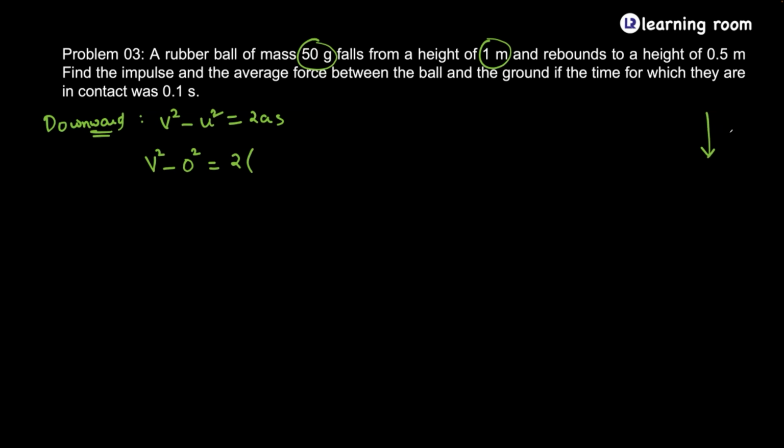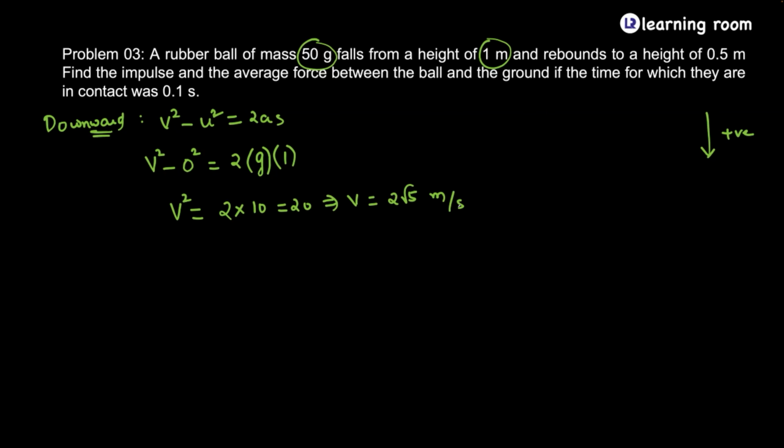So 0 square is equal to 2 into a into s. If you are going to take the downward direction as positive, then you are allowed to take the acceleration as g itself. And what is going to be the displacement? It will be 1 meter. So v square is equal to 2 into, I'll take g as 10 for now, so it is going to be 20, which implies v is equal to 2 root 5 meter per second.